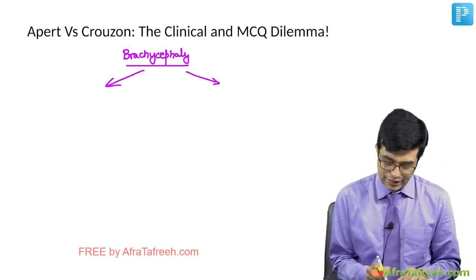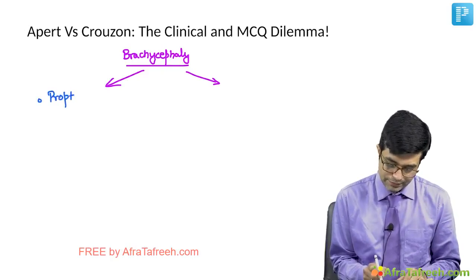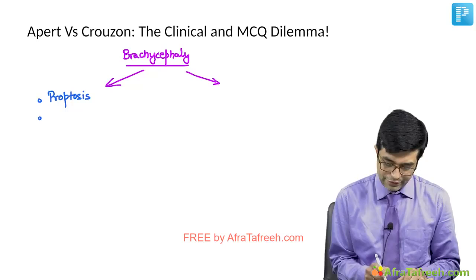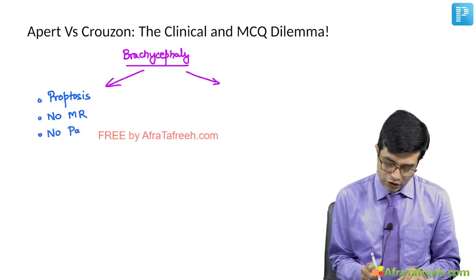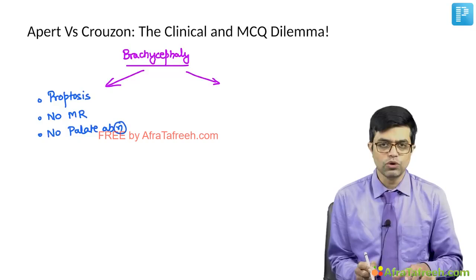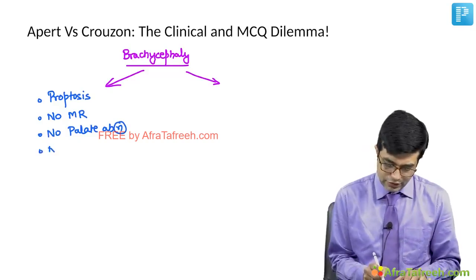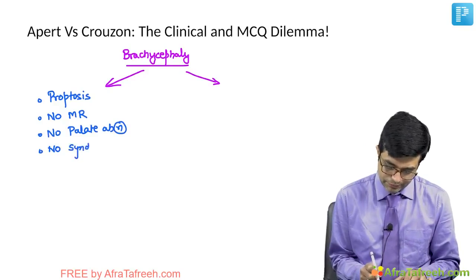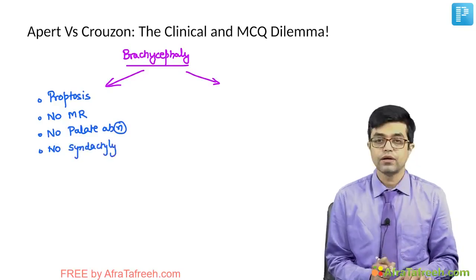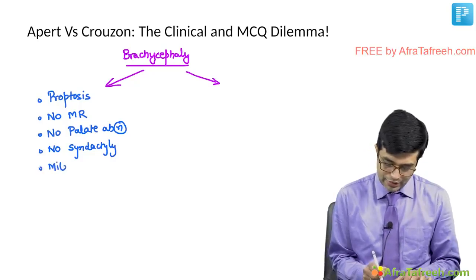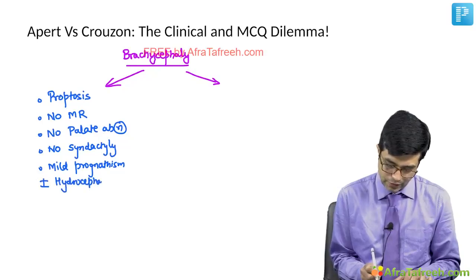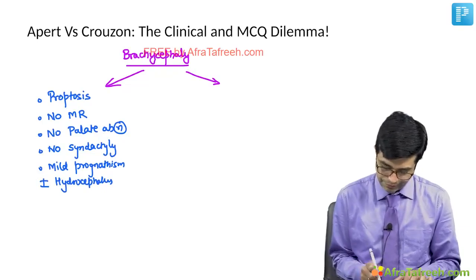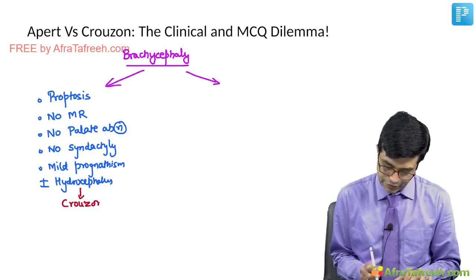If the question says the child is having significant proptosis, the child is having no mental retardation, no palate abnormalities, that is no cleft palate, no high arched palate, if there is no syndactyly and mild prognathism, with or without features of hydrocephalus, your likely diagnosis will be Crouzon syndrome. It is very useful.